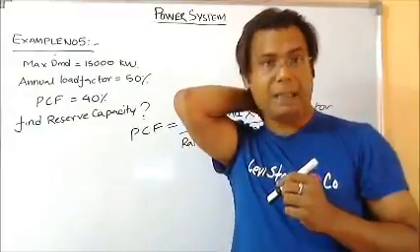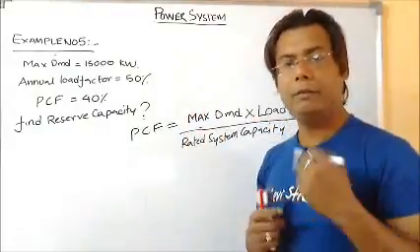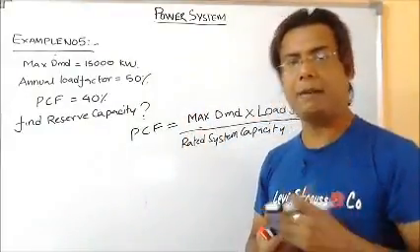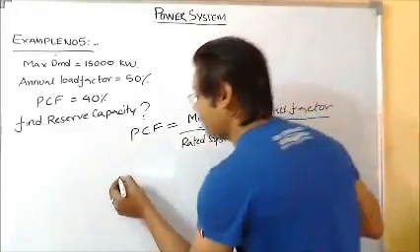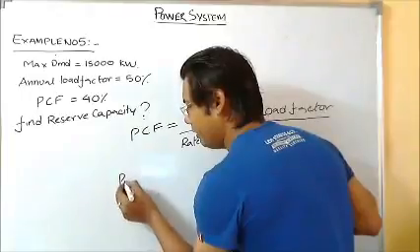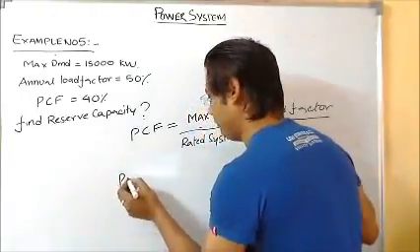The maximum demand is already given, the load factor is already given, the plant capacity factor is already given, so we can find the rated system capacity now. The plant capacity or the rated system capacity, whatever.